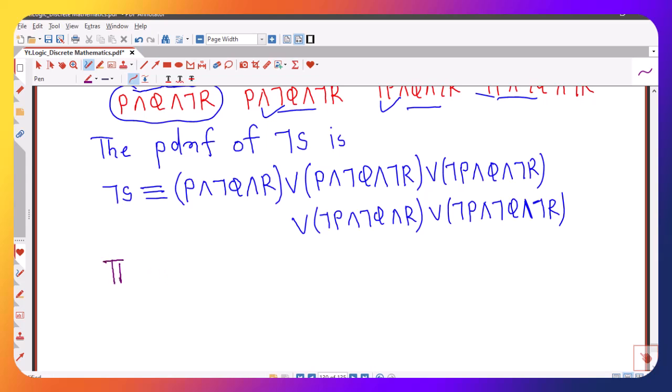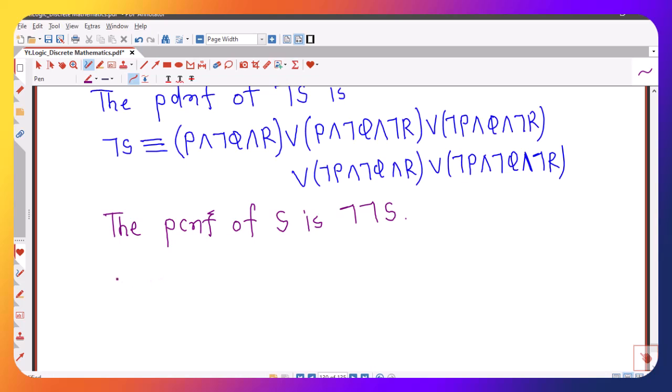So if we take negation of negation S, then we will obtain the principal conjunctive normal form of S, which is nothing but negation of negation S. So now we take negation of negation S. This is logically equivalent to negation of all these min terms which are written using OR operator.